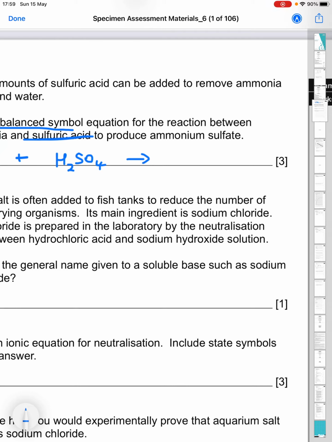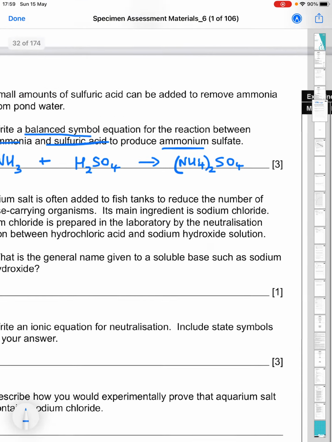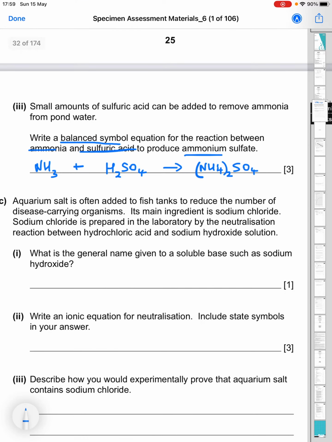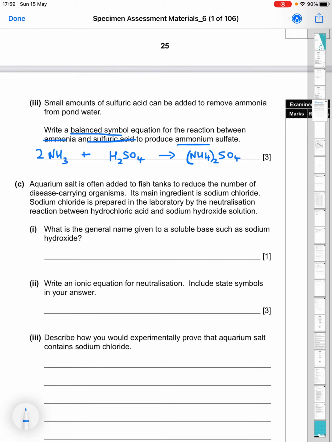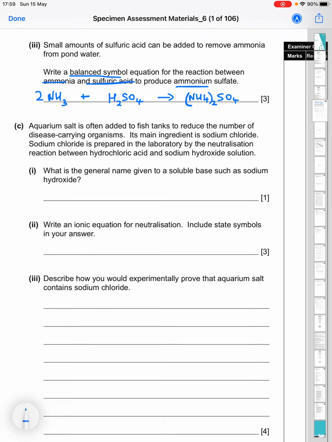Now, if you're not sure about the formula for ammonium, look it up in the data leaflet, and the same for sulfate. So it's going to be (NH4)2SO4. Then to balance that, we need a 2 in front of the NH3. So 3 marks: 1 for the reactants, 1 for the products, and 1 for the balancing.